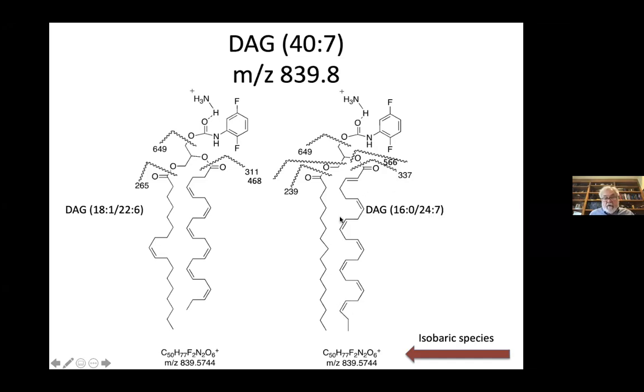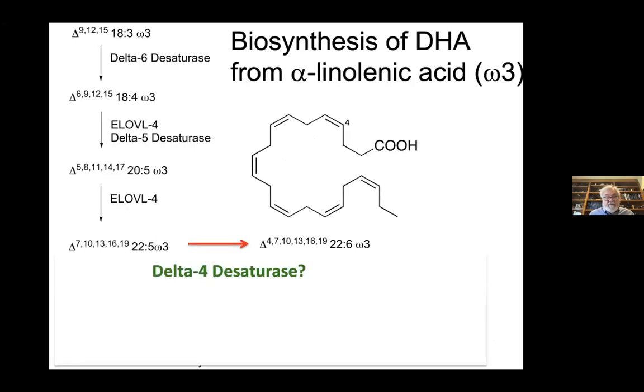What is 24 with 7? Well, we think that is due to the biosynthesis of DHA. The biosynthesis of DHA comes down from 18-3, 20 with 5, 22 with 5. And for a while, there was an argument about whether that's a delta 4 desaturase to go to 22-6.